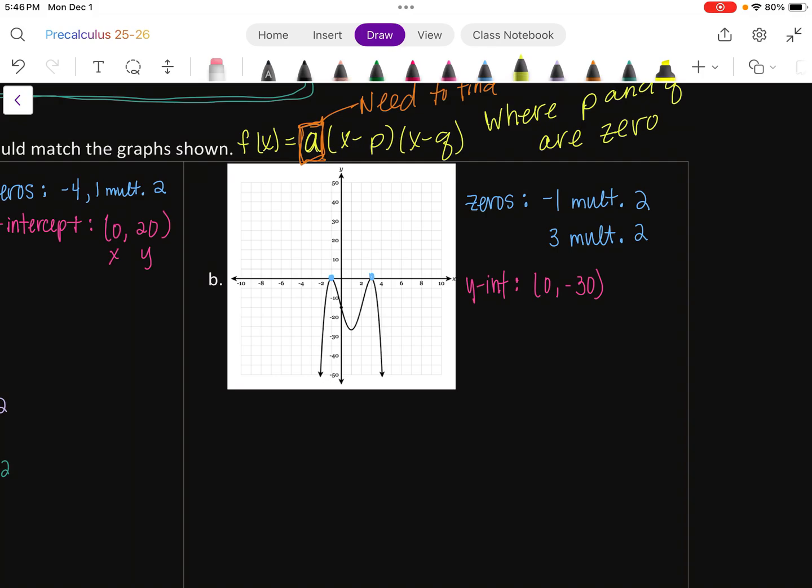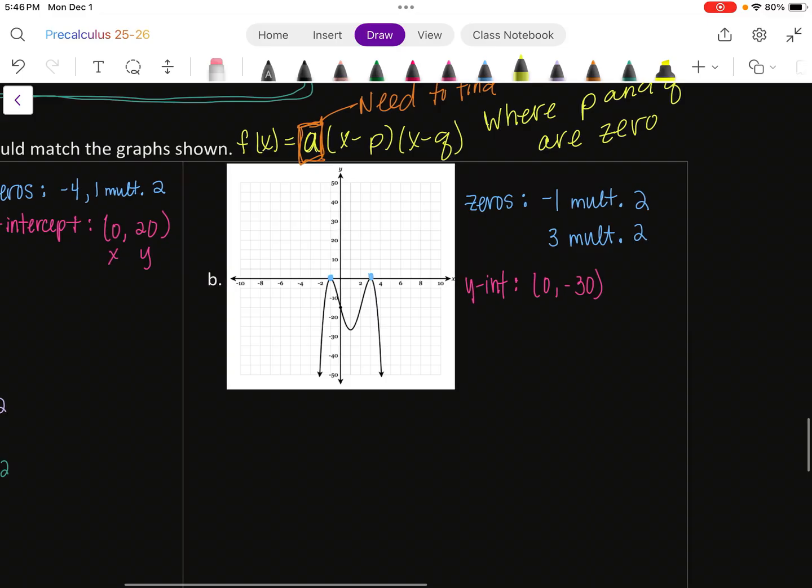So again, if I write out this general form, I need to find a, and I'll have x plus 1 squared and x minus 3 squared. But I need to find a.